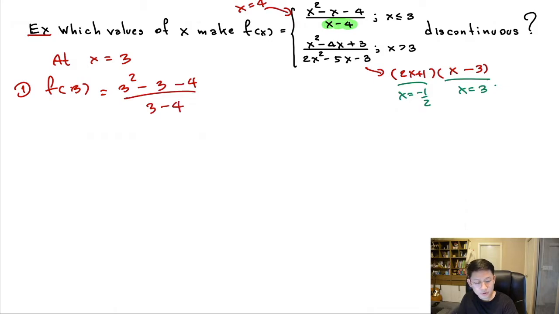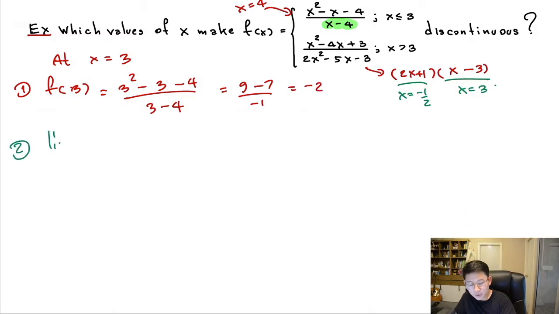We need to use this one because it's when x is less than or equal to 3. So here it is 9 minus 7 divided by minus 1, which is minus 2.